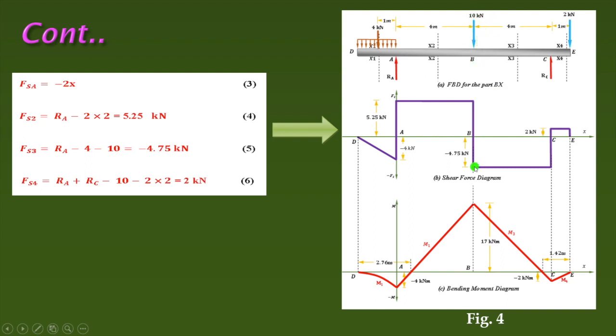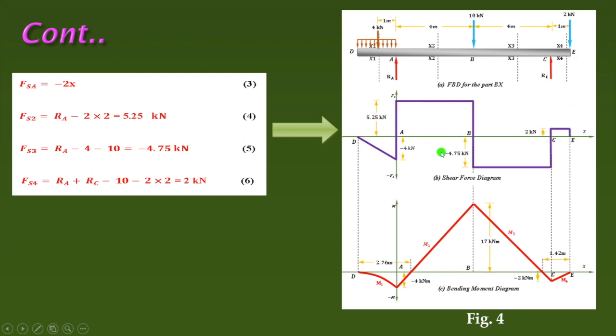Then again, we are getting a constant value of minus 4.75 from here to here, and then again it is 2 kilonewton. This change is due to this RC value, and then this is the fixed value of RC, and now at this free end, it is 0.